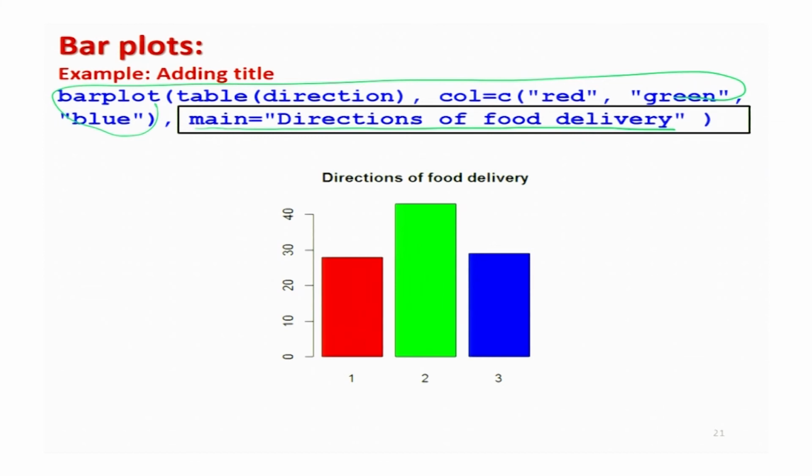Suppose you want to add directions of food delivery as the main title of the curve. You can see it is added here. So the rule is that if you want to add the main title of the curve, you have to use the command main, and then give whatever you want to add inside the double quotes, like this.